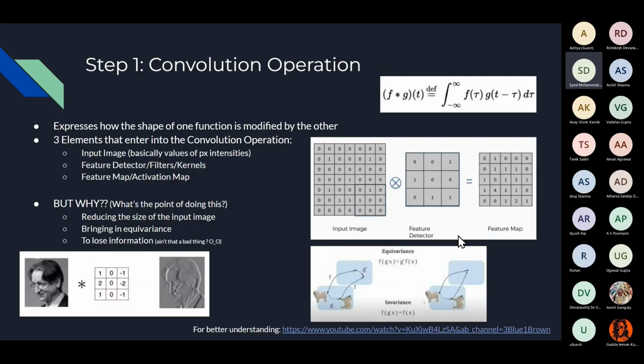Each part of these filters or feature detectors would have some weights and biases associated with it. Therefore, I don't think there is a need to have different feature detectors for detecting the same sort of features. For example, take the case of the tail lines in the cheetah. I don't think that we require any other feature detector for detecting the same tail line within different images of cheetahs, right?